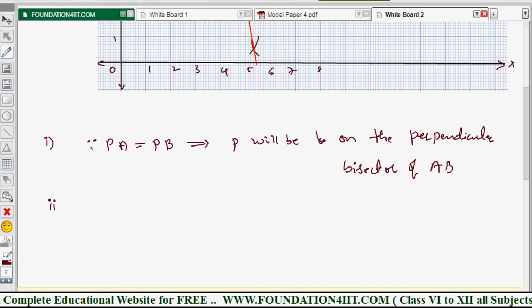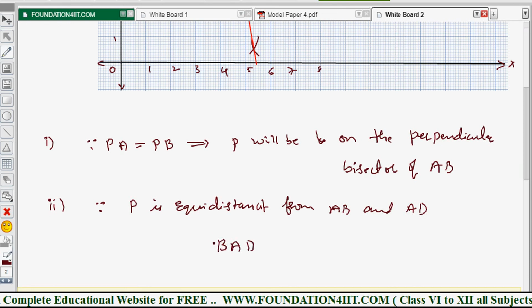Then for the second condition, P is equidistant from AB and AD. Therefore, we should do the angle bisector of BAD. Then P is the point of intersection of the perpendicular bisector of AB and the angle bisector of angle BAD.